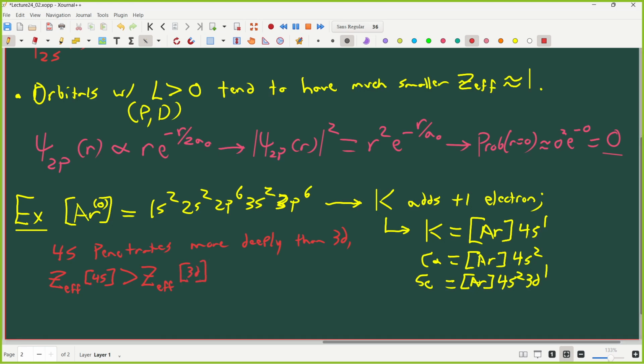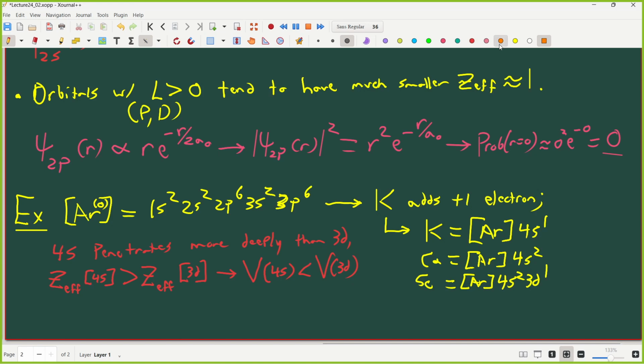That means the attraction the 4s electrons feel is larger, and therefore they're lower energy and more stable. This implies that the potential energy for the 4s electrons is less than for the 3d electrons.